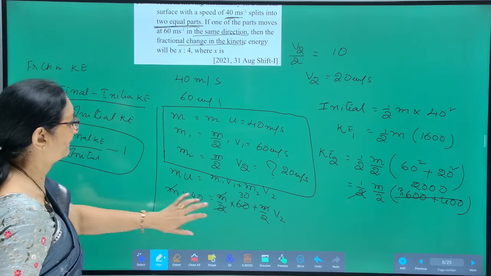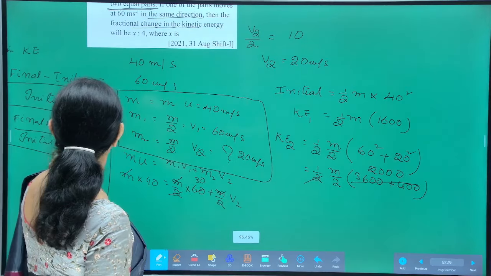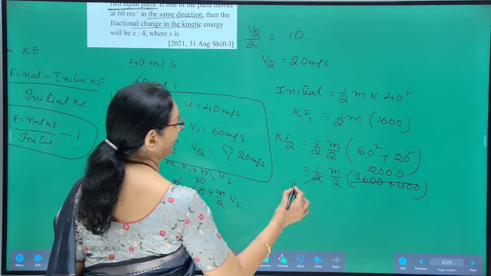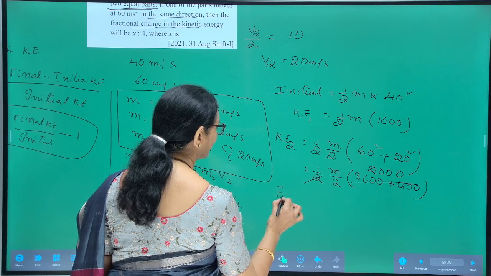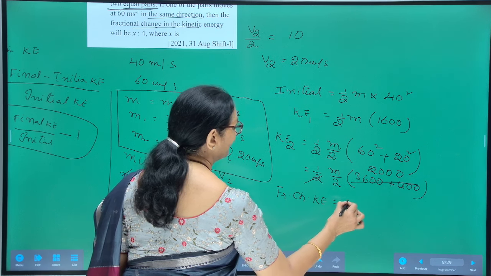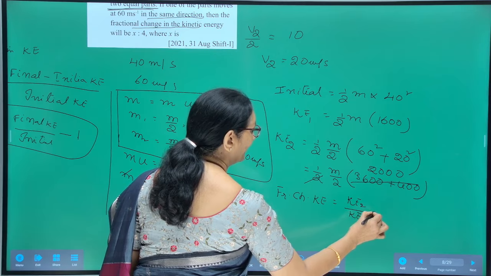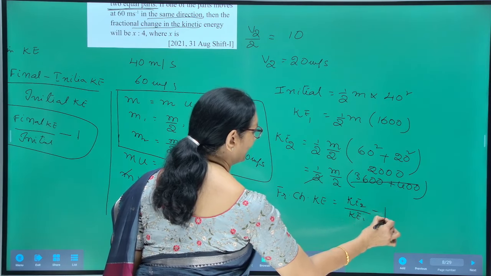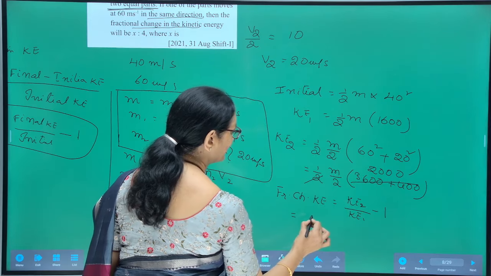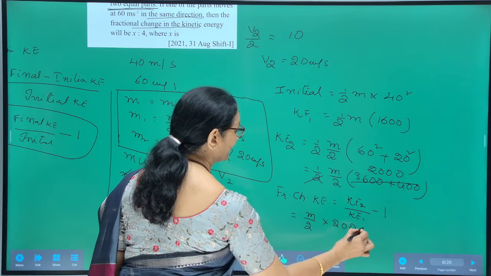What is the fractional change in KE? Final by initial minus 1. So, fractional change in KE is final by initial minus 1. Final is m by 2 into 2000.